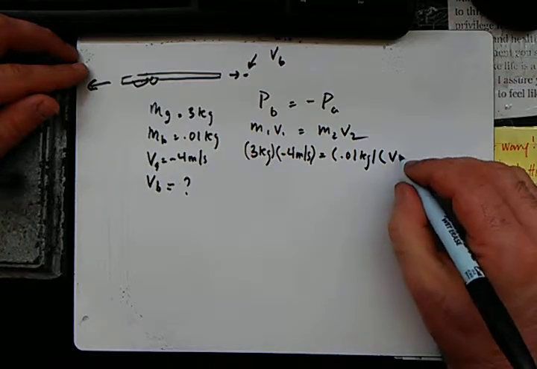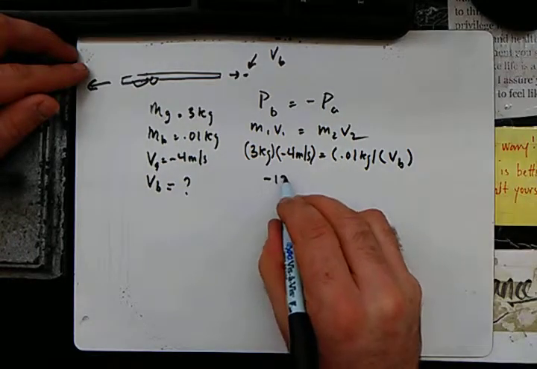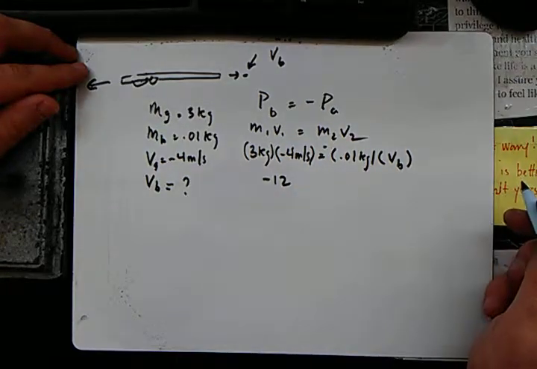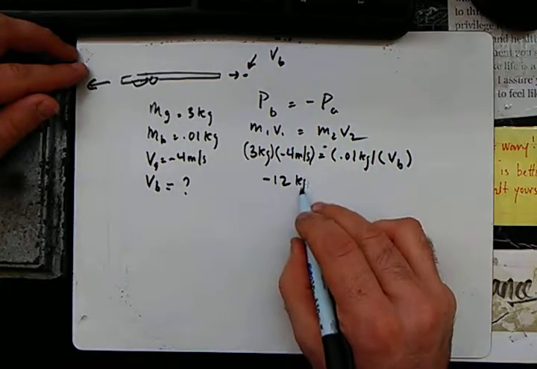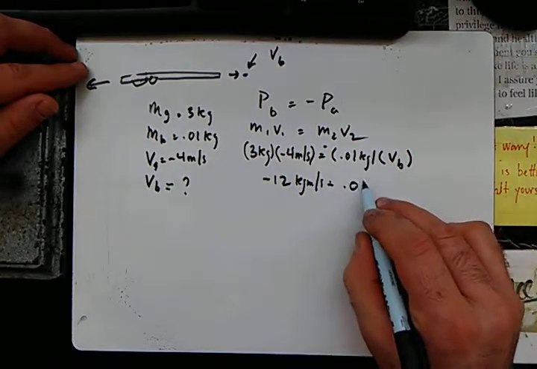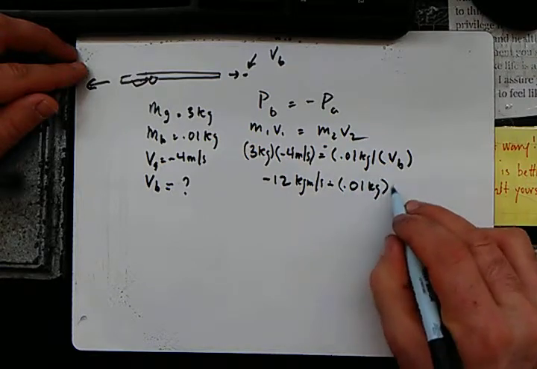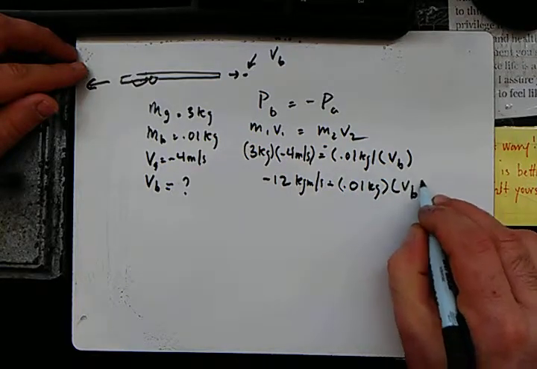And V2 is the velocity of the bullet we're looking for. So negative 12 equals 0.01 kilograms times the velocity of the bullet.